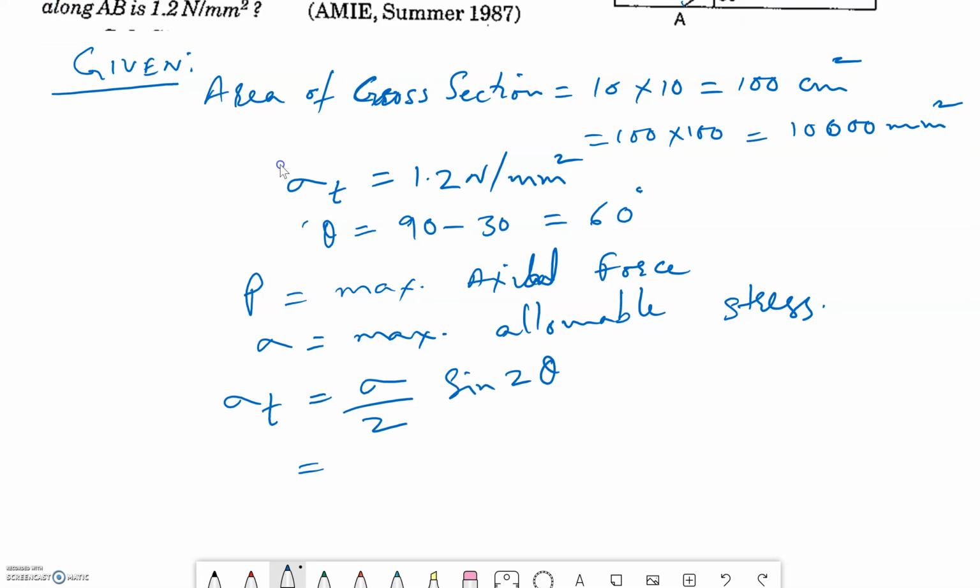We've got theta, and we've got sigma t, so 1.2 is equal to sigma by 2 sine 2 times 60, or sine 120.